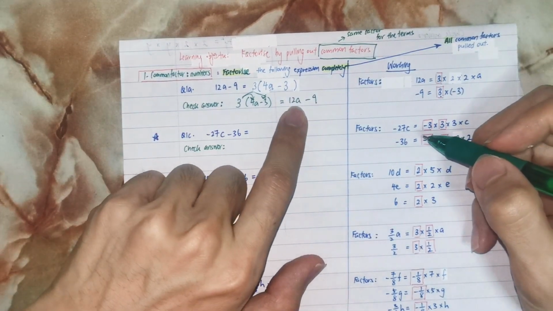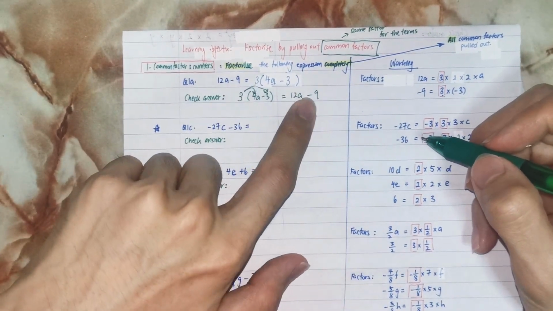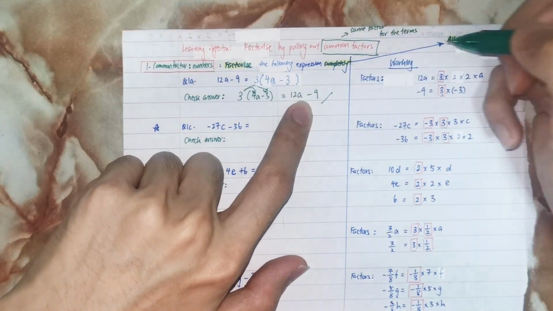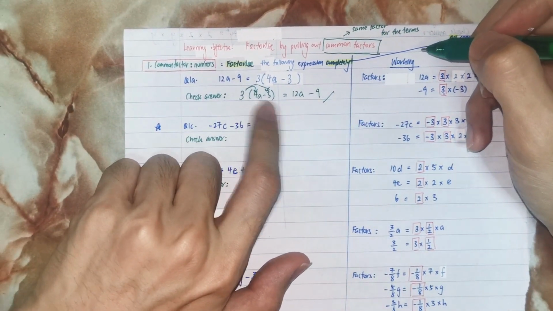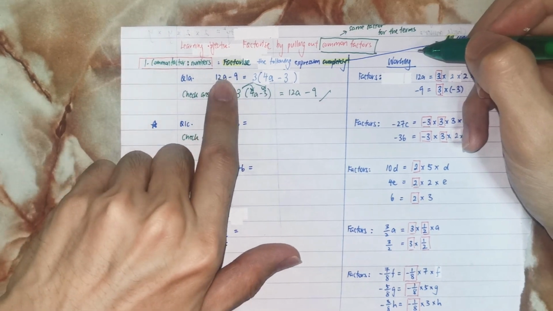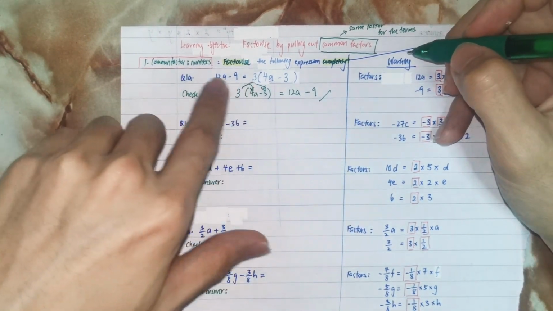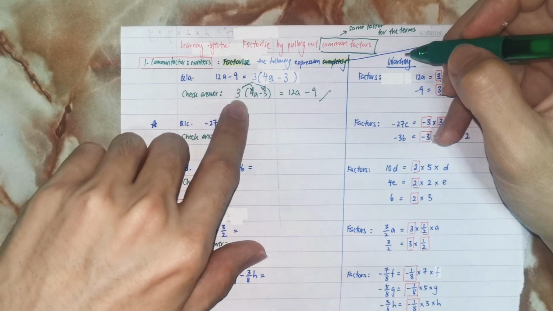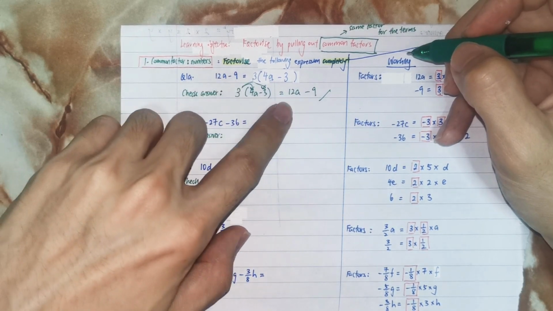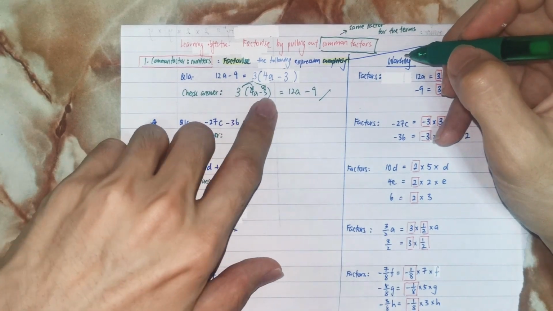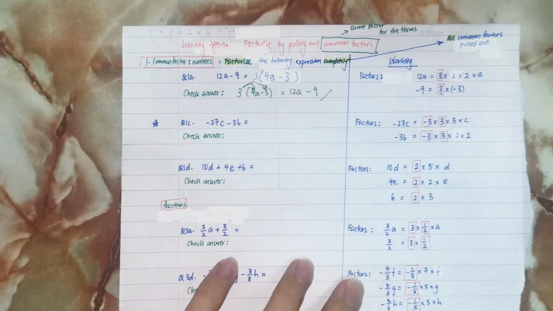So I check that, okay, 12A minus 9. This means I have done my factorization correctly. Because when I expand it back, I should get back the same expression over here. So over here is factorization. This one over here is expansion. That's why factorization is the reverse of expansion, because when you expand it back, you get back the same expression.